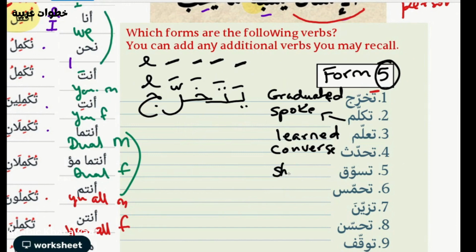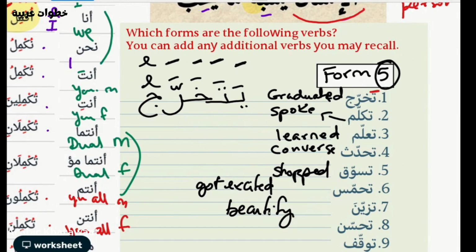تسوق, shopped for something. تحمس, got excited. تزين, you say adorned, or you say also to beautify something. I'll use beautify because I need you to remember zina, to decorate something or decoration.